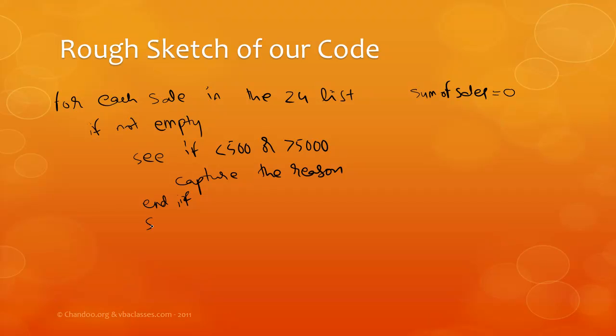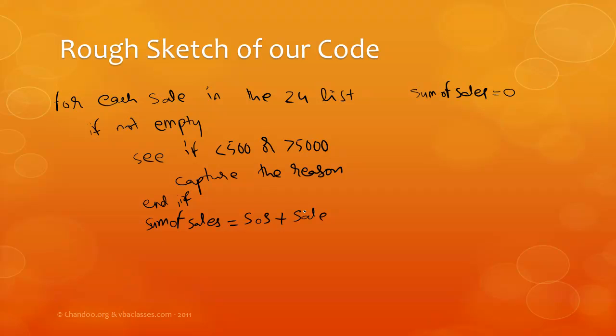For example, we could write a line like sum of sales equal to, I'll just write SOS plus whatever is the sale, right? So whatever happens to be the current store sale, we will just add it to the existing sum of sales. So the first time, it is going to be 0 plus that, so it's going to be whatever the first value is.